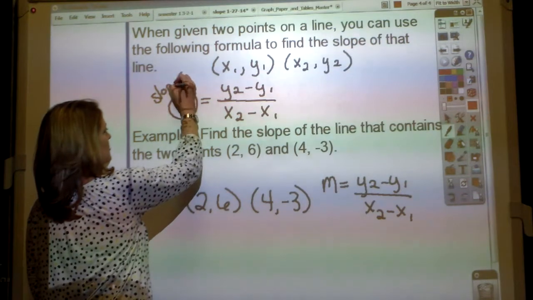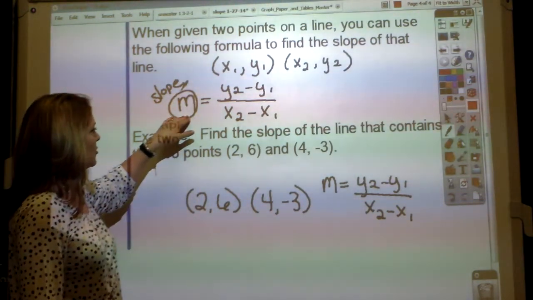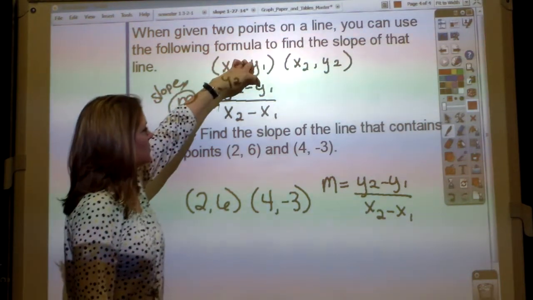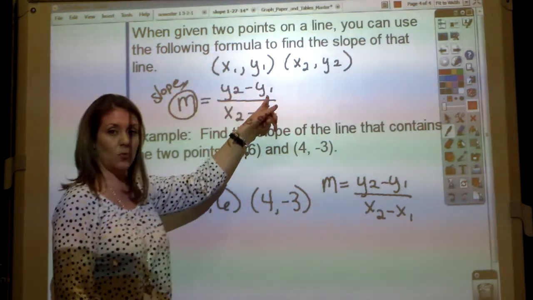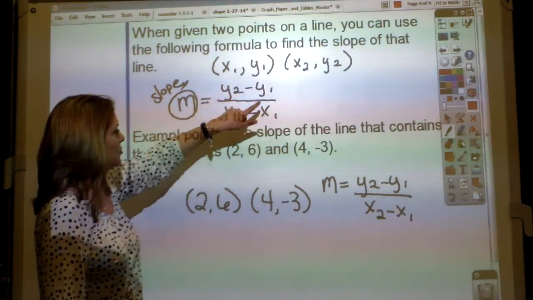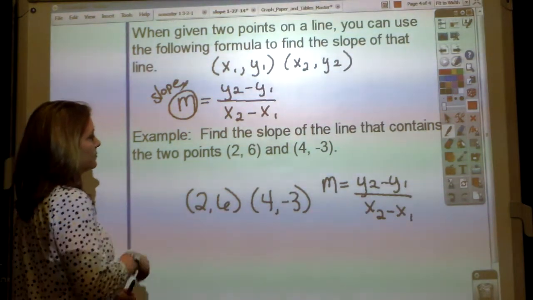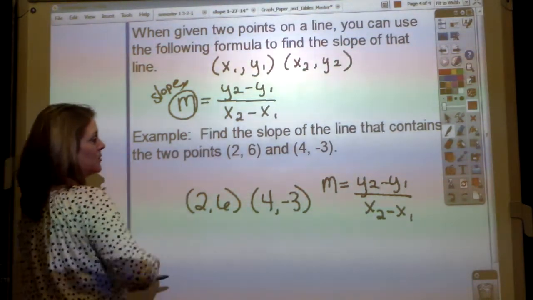That's the variable used to represent slope. You'll be familiar with that. The formula for slope is y2 minus y1, again, the difference between the y's, or the change in y, over x2 minus x1.